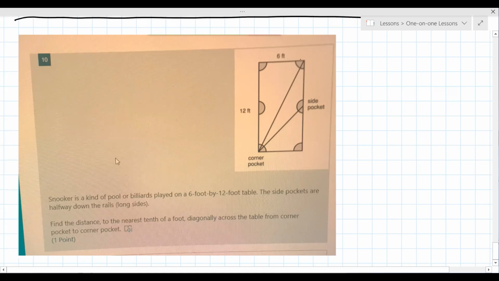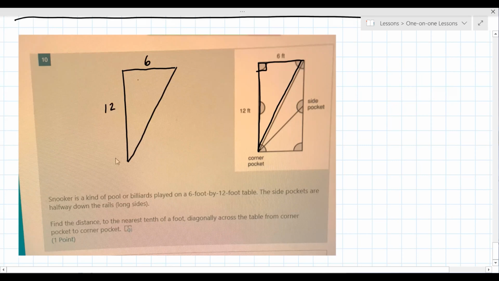So what they're asking for is this distance across the diagonal, the hypotenuse of this triangle. So it's essentially this. This is 6, this is 12, and they want to know this diagonal here.